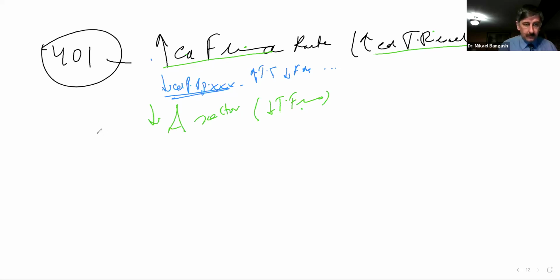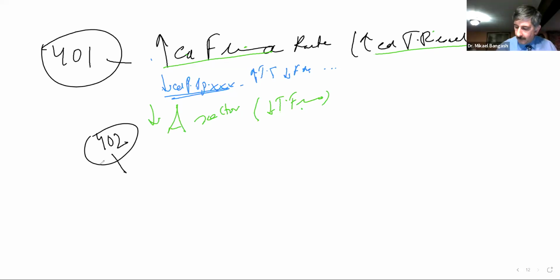Question number 402. With sector scanning, images with greater detail or spatial resolution are created when the number of acoustic pulses per degree sector is increased.